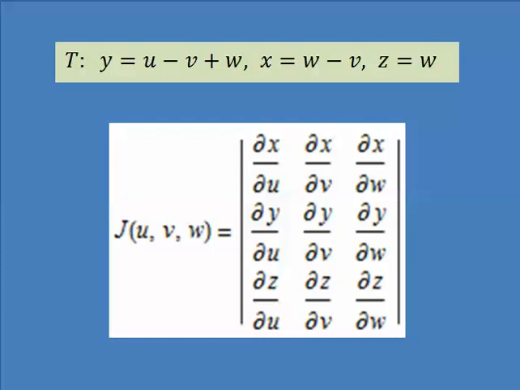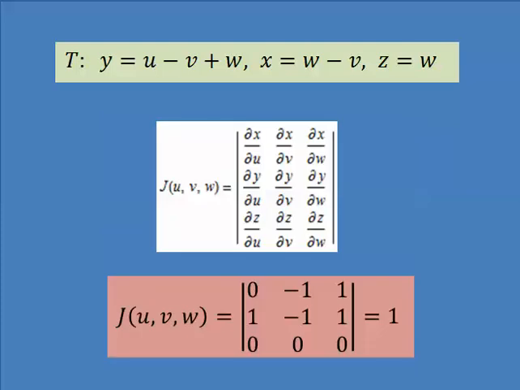Now that we have our transformation, let's find the Jacobian. So very nice, our Jacobian matrix is made up of scalar values, so that when we find the determinant, it's not too ugly. In fact, it's fairly simple, Jacobian of 1.